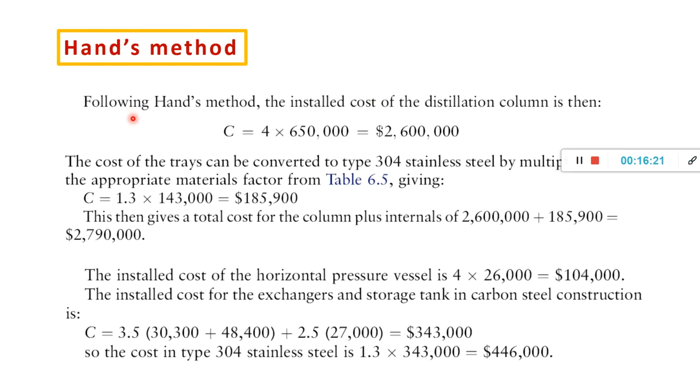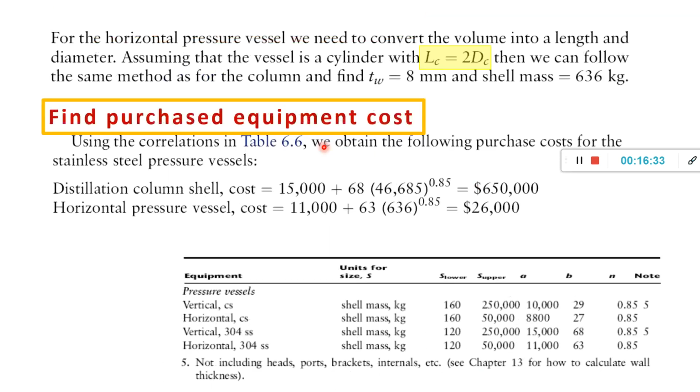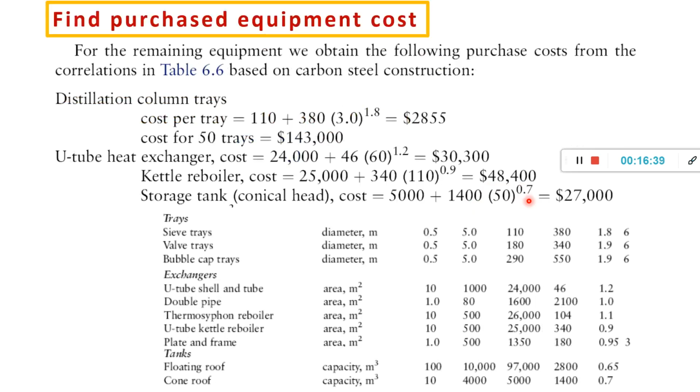So following Hand methods, the installation cost in the installation column is 4 times the purchase cost. Where does this 4 come from? We check the values that we calculated previously.